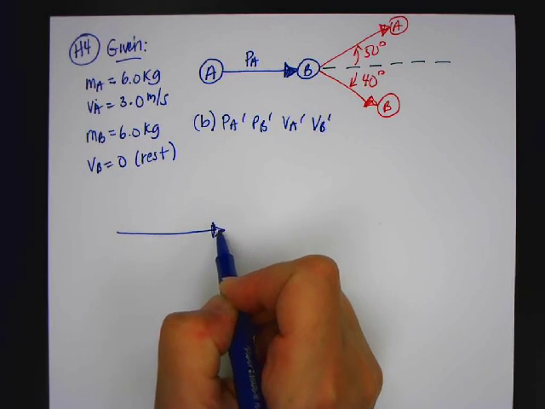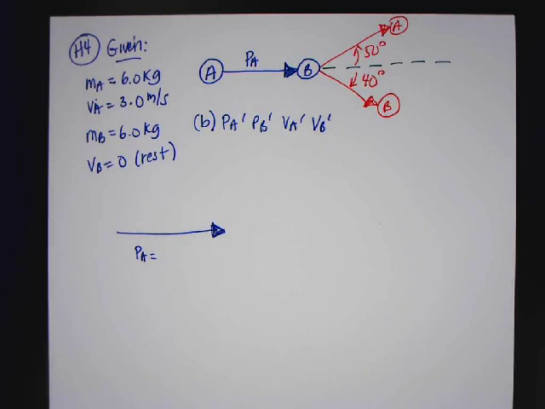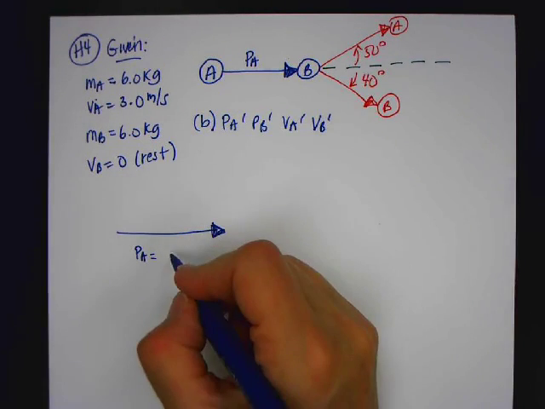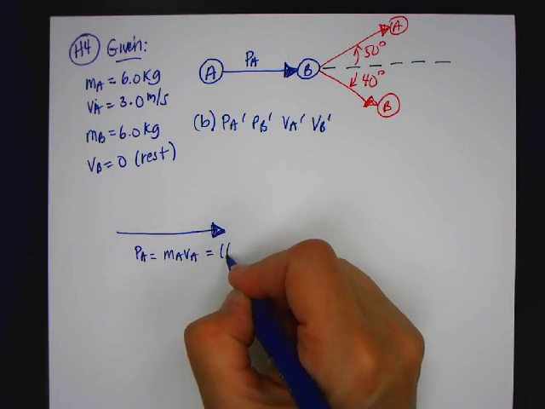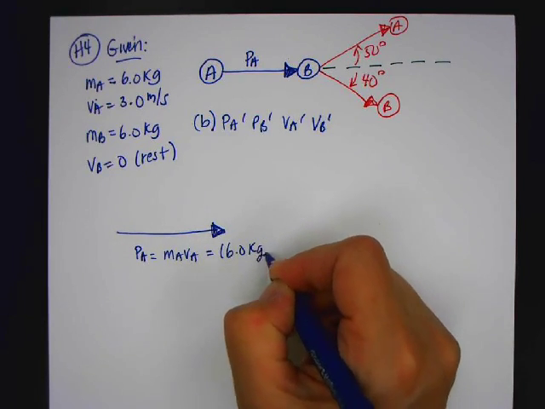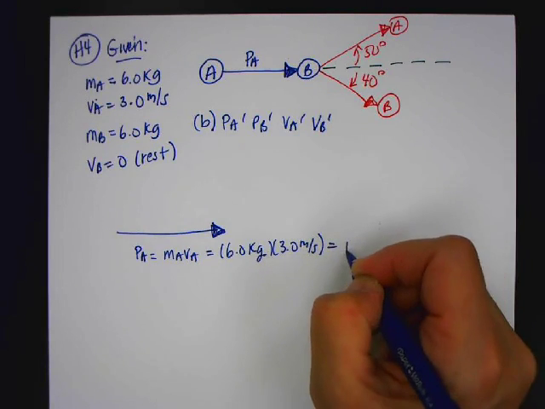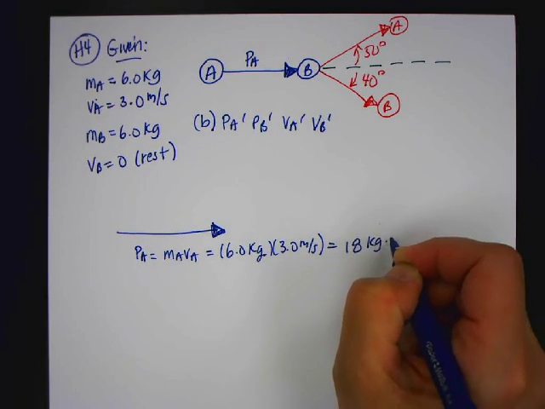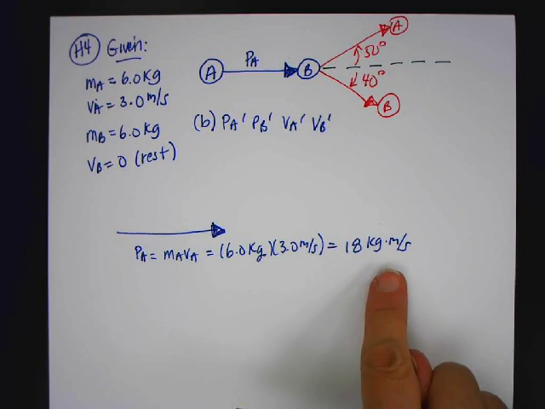So this vector represents the total momentum before, PA. Now I can calculate PA because PA is just MAVA. So that's going to be equal to 6 kilograms times 3 meters per second. So it's 18 kilogram meters per second. So this represents the total momentum before.